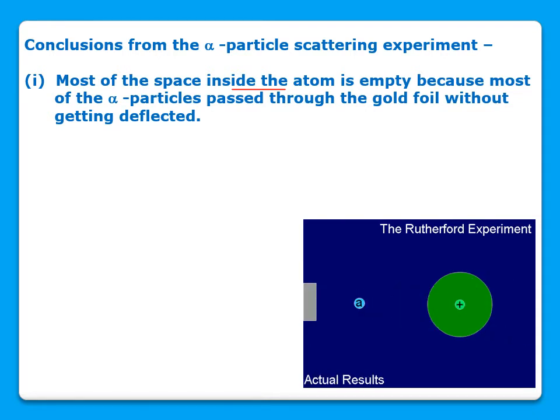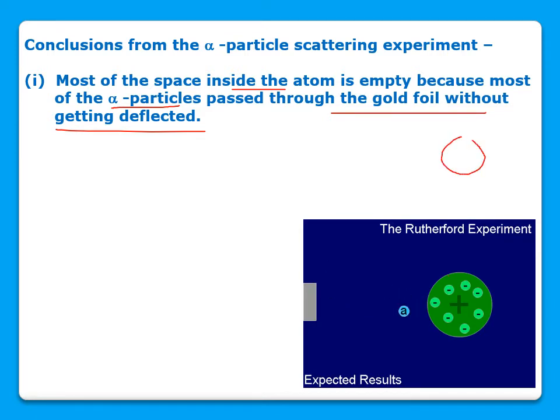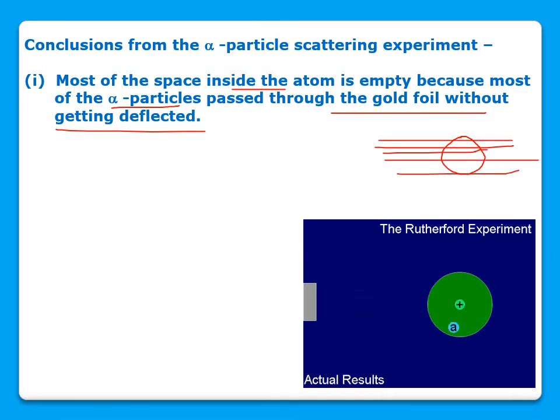See, because most of the alpha particles passed through the gold foil without getting deflected. It means inside the atom, most of the part is empty. Okay, if this is the atom, then inside the atom, most of the part is empty, right? Because so many alpha particles are passing straight.